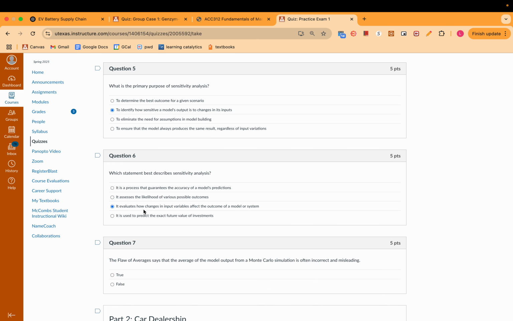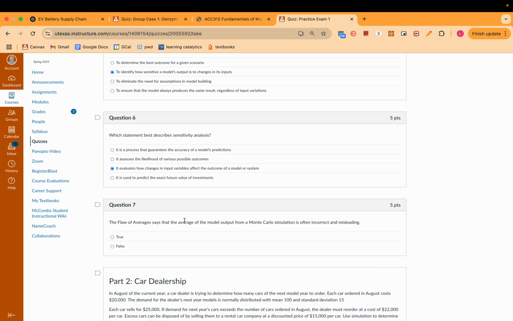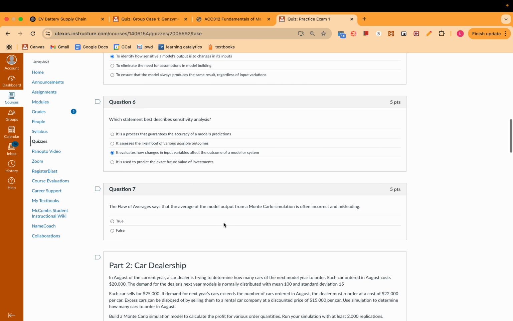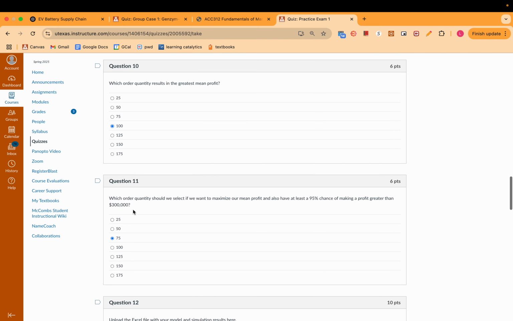Sensitivity analysis evaluates how changes in input affect the output. The flaw of averages says that the average model output from a Monte Carlo simulation is often incorrect and misleading. That is false. The flaw of averages says that when you put in an average input, you won't always get an average output. And that's how you do it.